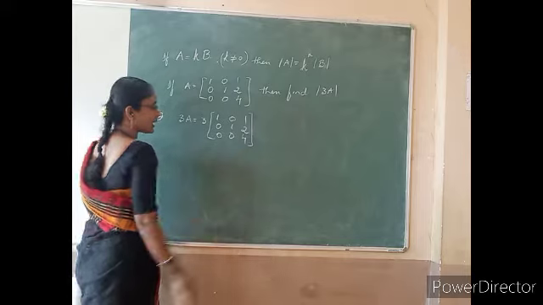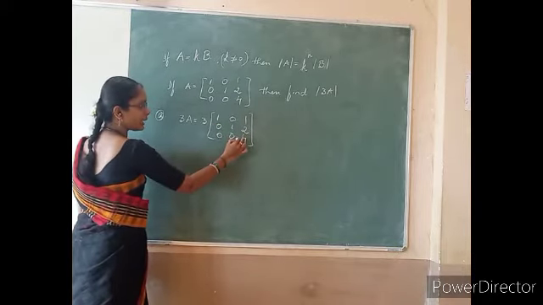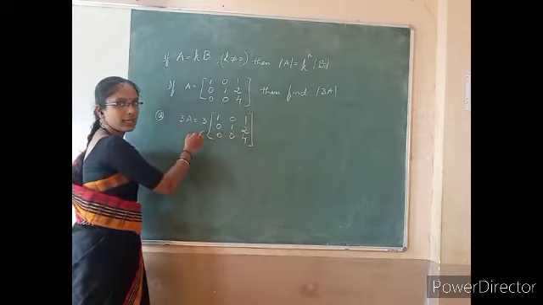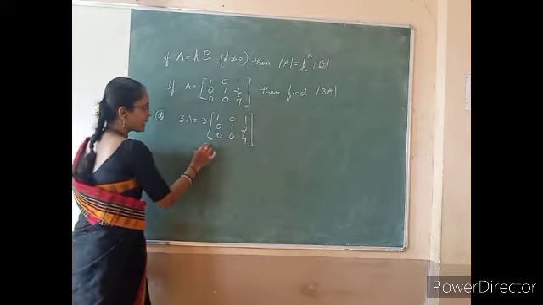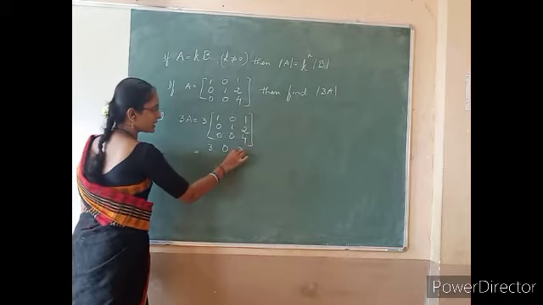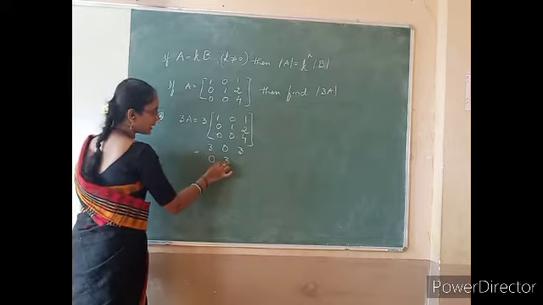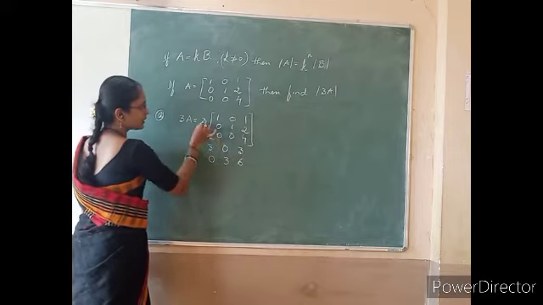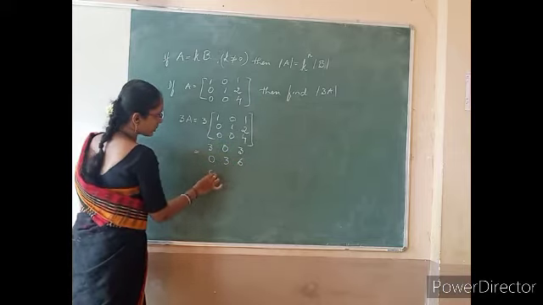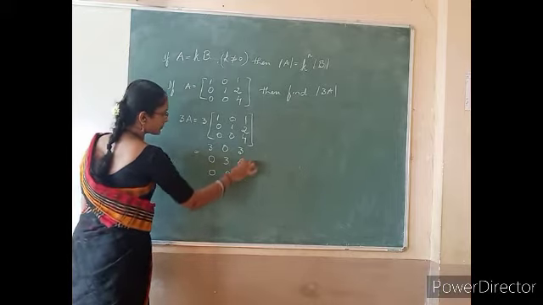You know the scalar multiplication, that is we multiply each and every entry of the matrix by this scalar. So 3 into 1 is 3, 0 into 3 is 0, 1 into 3 is 3, again 0 into 3 is 0, 1 into 3 is 3, 2 into 3 is 6, 3 into 0 is 0, 3 into 0 is 0, 3 into 4 is 12.